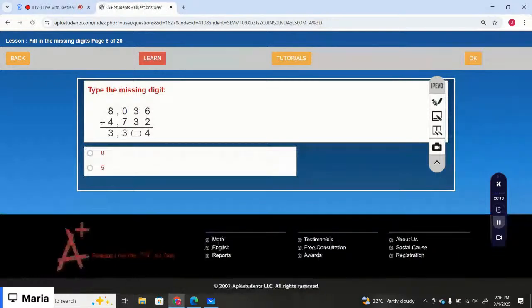Type the missing digit. The correct option is 0.